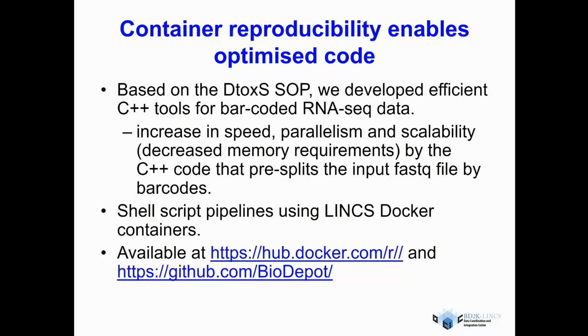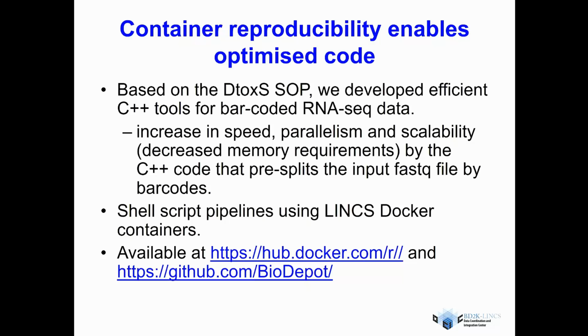Now, in terms of C++, I was able to replace the Python code with C++. Normally, one of the reasons that you don't do this is because the file manipulations that are required would be very difficult to make portable. But that's not the case when you containerize it.